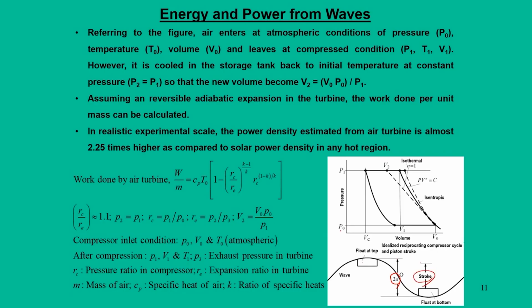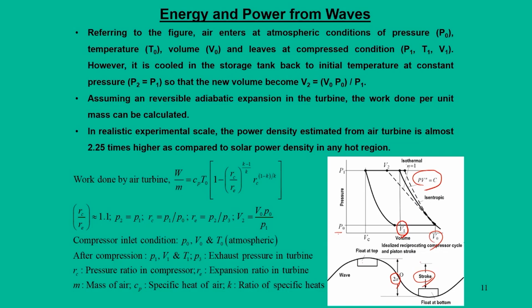Initially we have atmospheric air conditions at P0 and V0. Atmospheric air gets compressed during the compression stroke of the piston, and the final volume becomes V1. During this compression, which we call a polytropic compression, PV to the power n is equal to constant. During the compression, obviously the temperature increases.